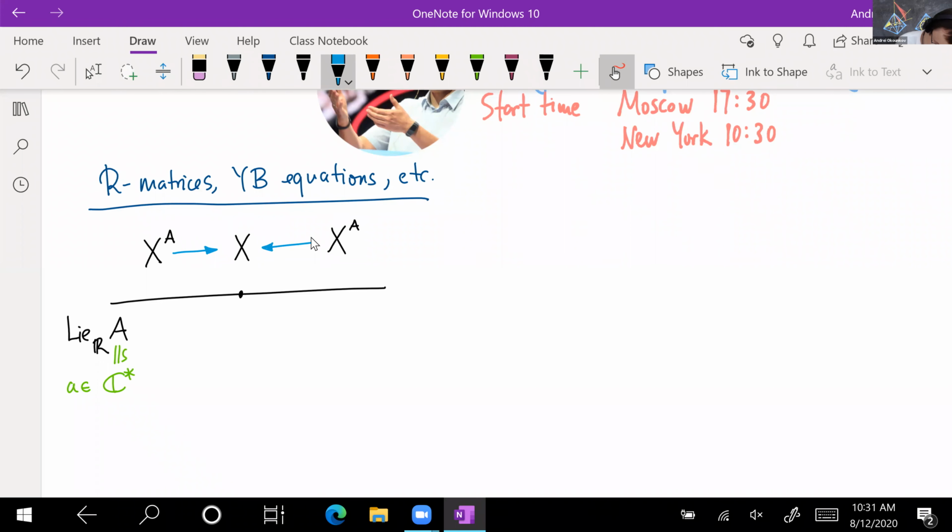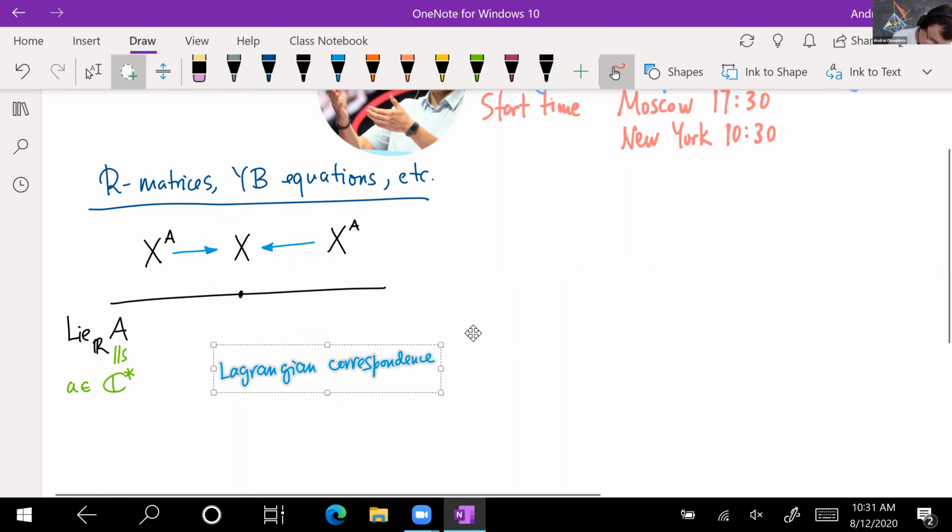It's a Lagrangian correspondence, which is supposed to be some improved version of attracting manifold.